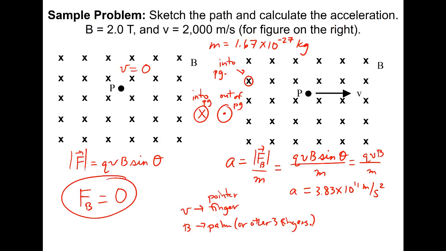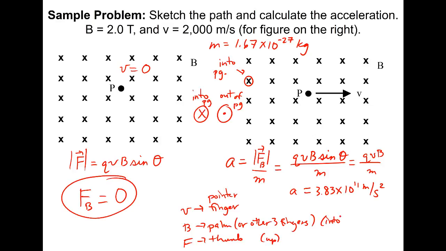So I want you to point your right hand so that your palm is facing into the screen, whichever way that is for you, and your pointer finger is going to the right. So basically, you should have your hand on the screen and your thumb should be pointing up. And that's the direction of the force. Okay, so that's pointing up in this case.